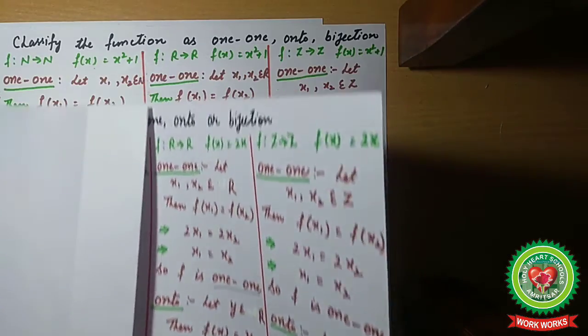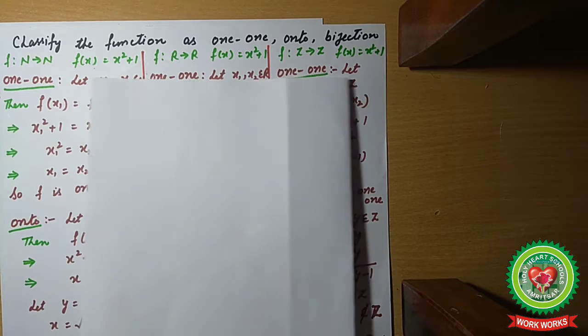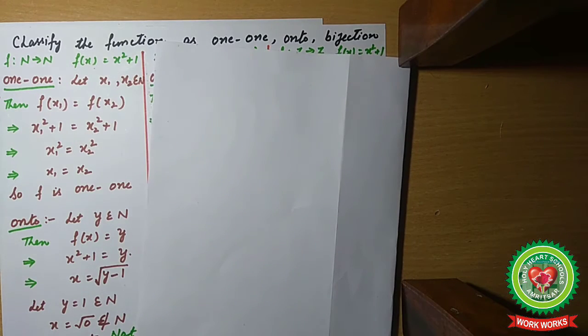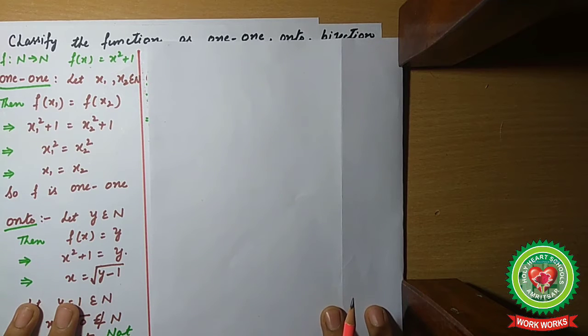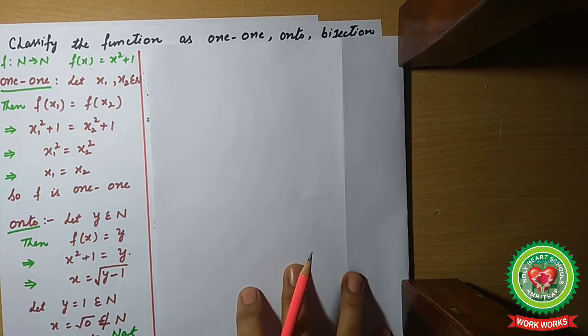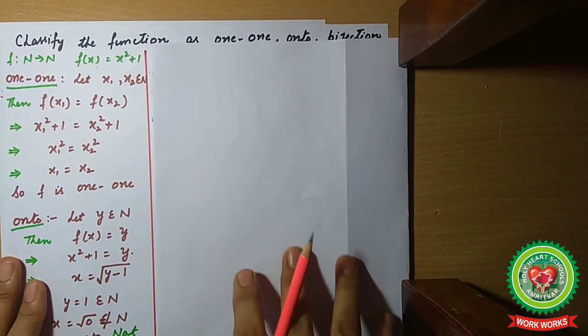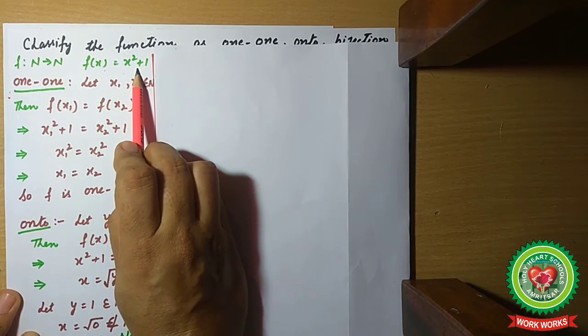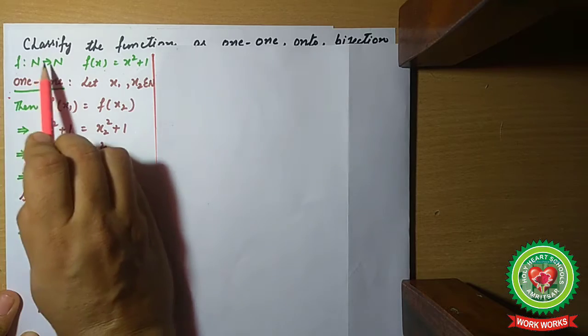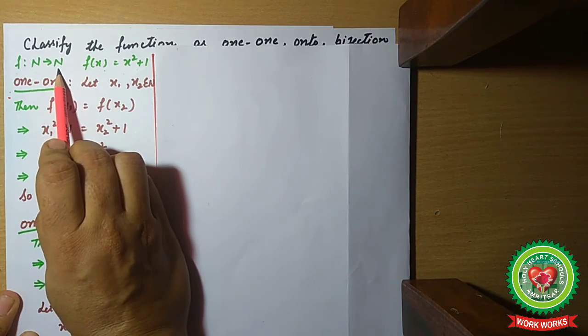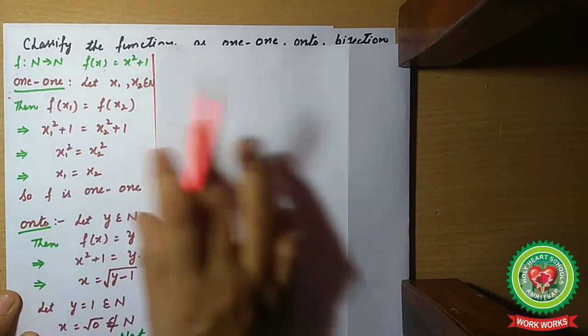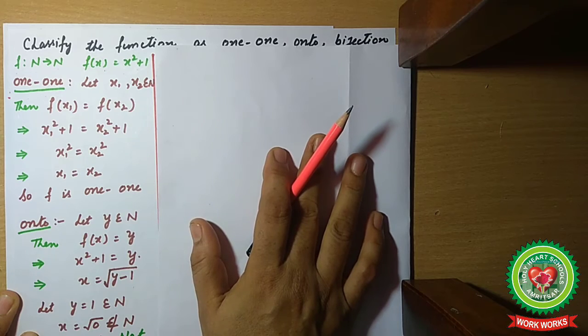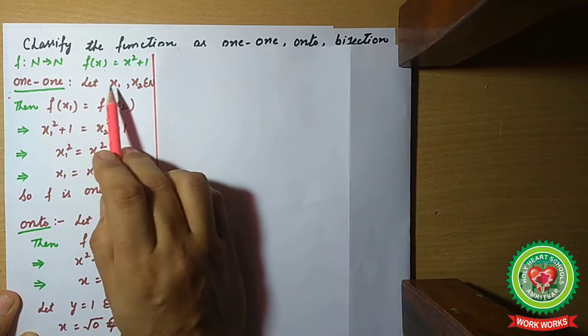I am taking one more example, in which the function is x square plus 1. Now, taking the function for the natural numbers, f(x) is equal to x square plus 1, a function from natural numbers to natural numbers. One-one: same condition, same pattern.